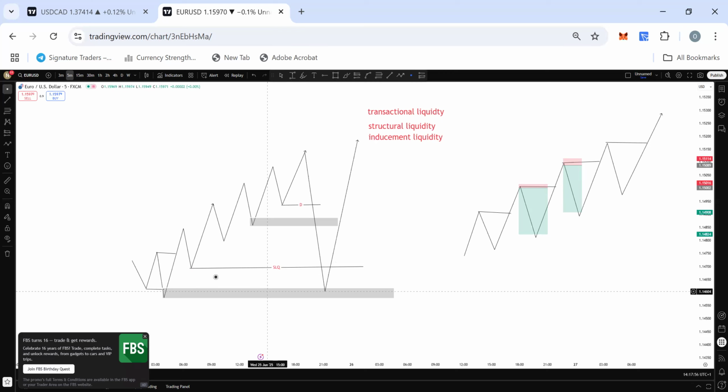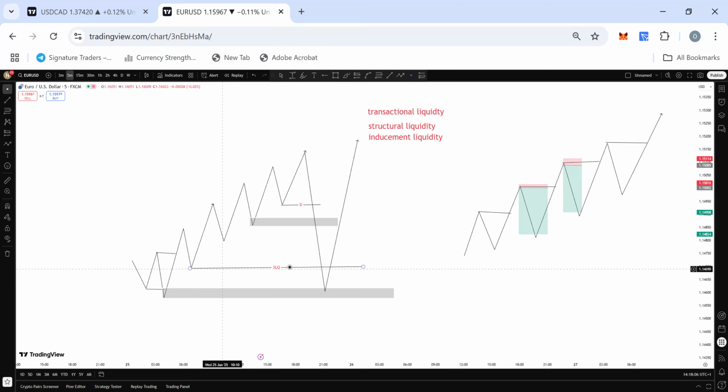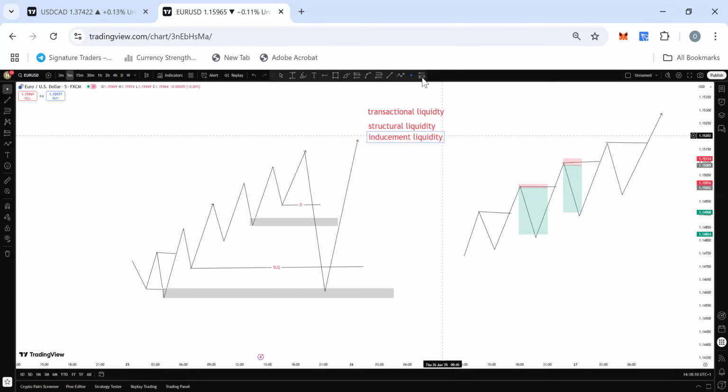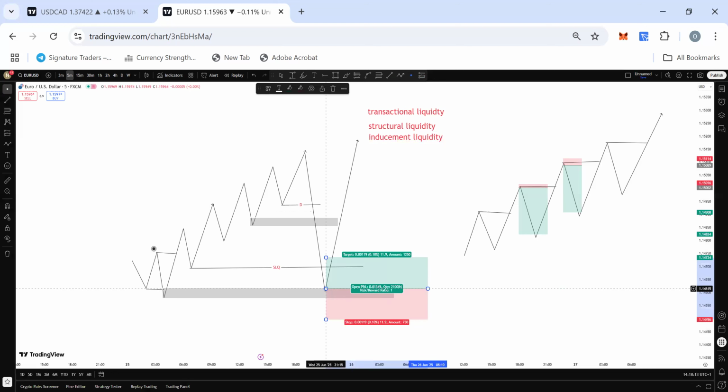And because of this liquidity, if market makers swipe this liquidity from this area and mitigate in this order block, then I have a high chance of buying from here because this movement swiped a liquidity, took out liquidity, making this low a valid or protected low.